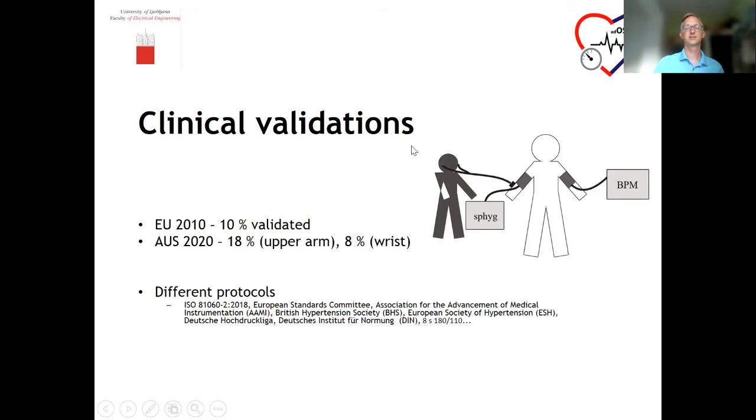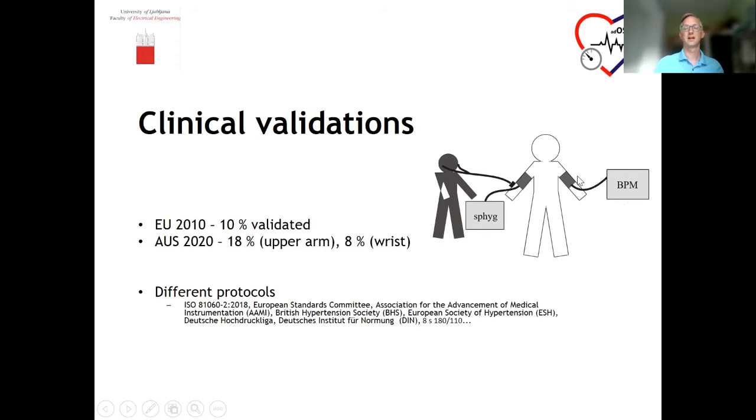And clinical validations are basically procedures for how to compare the unknown automatic device, written like blood pressure meter here, to the classical sphygmomanometer. This is usually done sequentially, can also be done at the same time, the comparison, and so on and so on.